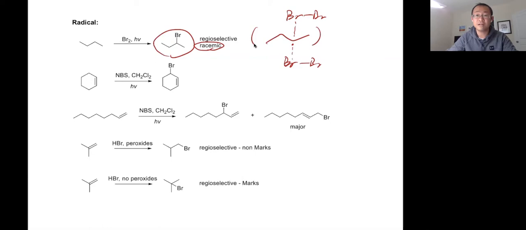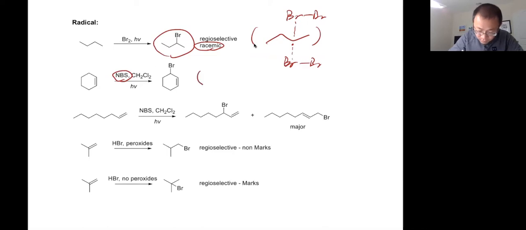Of course, make sure you can write down the mechanism. Next, if we have an allylic carbon, it is very good at radical reaction because the allylic radical is very stable. So if we want to do an allylic bromination, we can use a unique reagent called NBS.